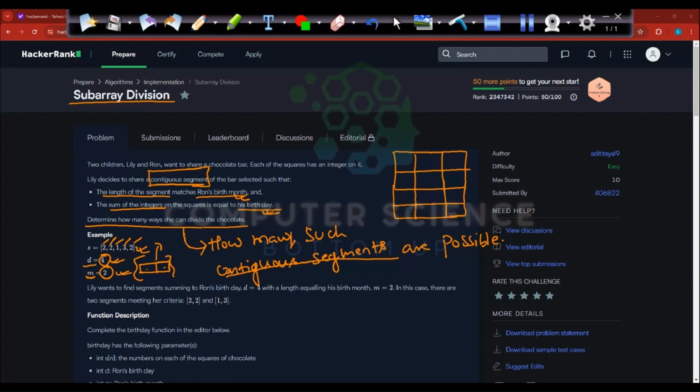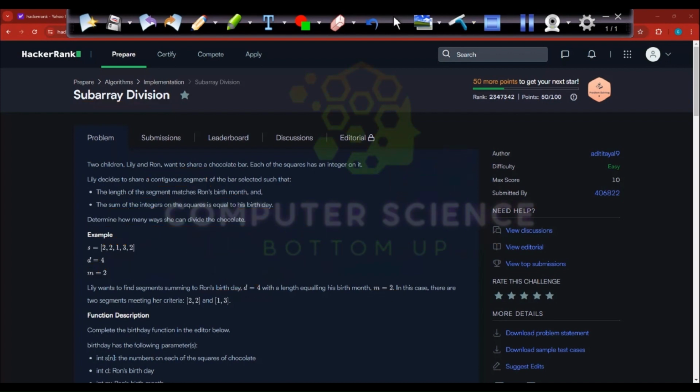So Lily wants to find segments summing to Ron's birthday, D equal to 4, with a length equaling his birth month, M equal to 2. So in this case there are 2 segments meeting her criteria, right? What are those segments? You look at this, 2 and 2, 1 and 3, and 2. So this 2 and this 2 meets that criteria.